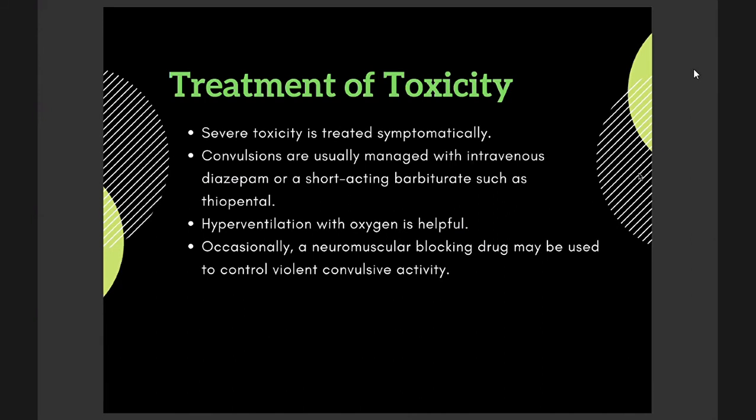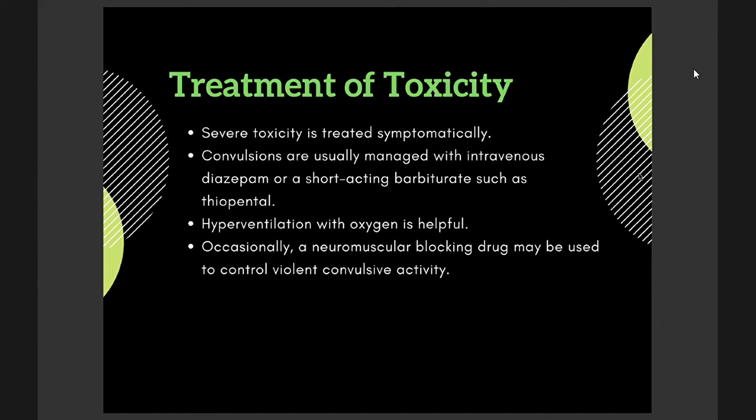So we come now to treatment of local anesthetic toxicity. With regards to treatment, it is very important first to be aware that you are not giving a high concentration of your local anesthetic, resulting in an elevated plasma level, or giving your local anesthetic intravascularly.